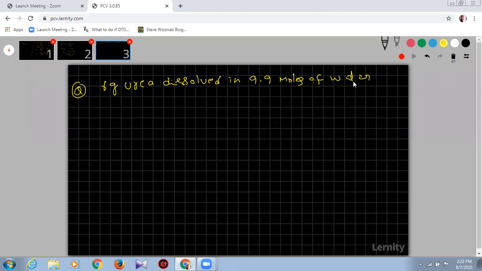The vapor pressure of pure water is PA naught. Then what is the vapor pressure of the solution?